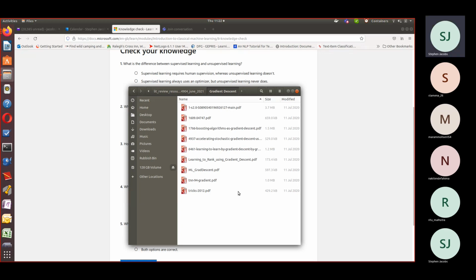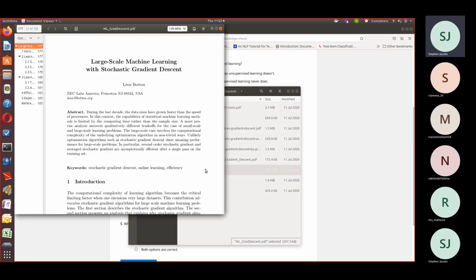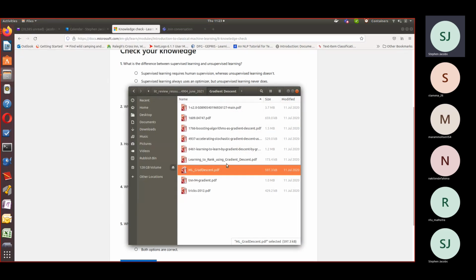Here are some academic papers for gradient descent. I'll put these on files so that you can have a look at them. This is quite a good one: Large-scale machine learning with stochastic gradient descent. It's a good one to look at.